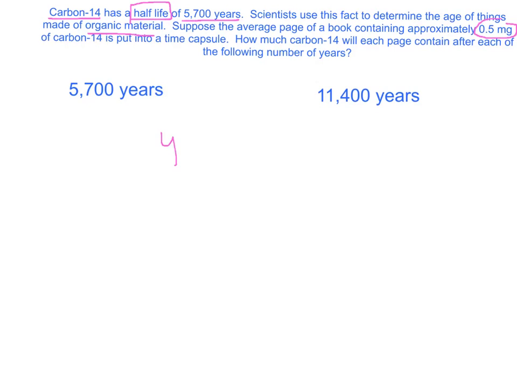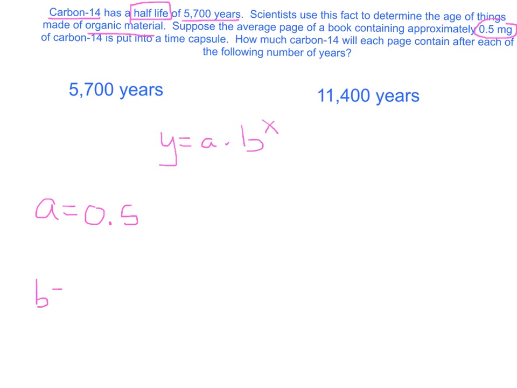So we're going to write an exponential equation. Now, how much carbon-14 did they start with? Each page contains about half a milligram. So it starts out with half a milligram of carbon-14.